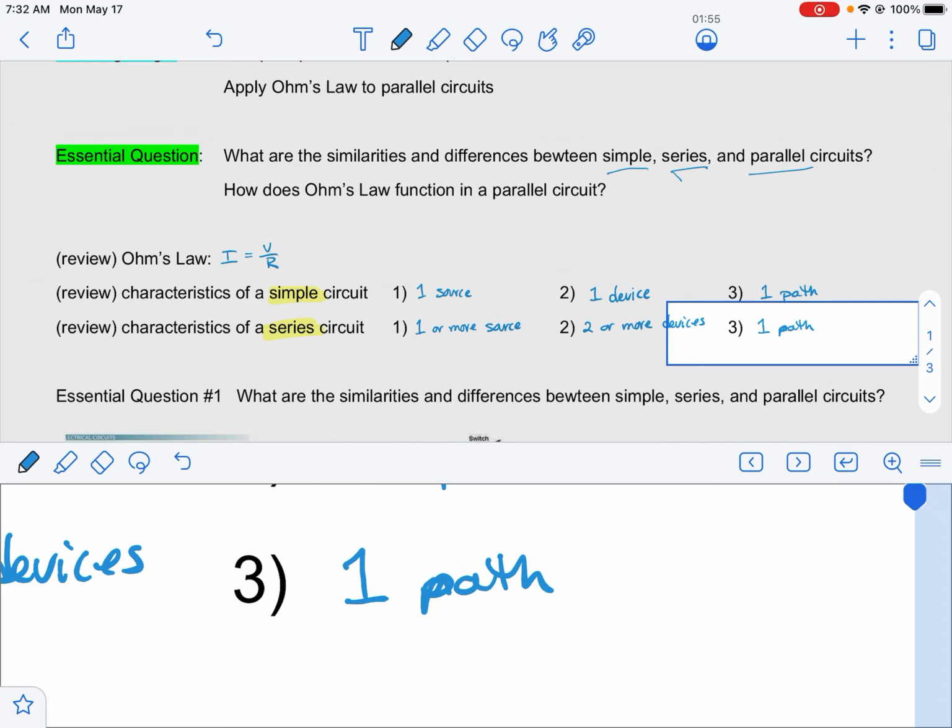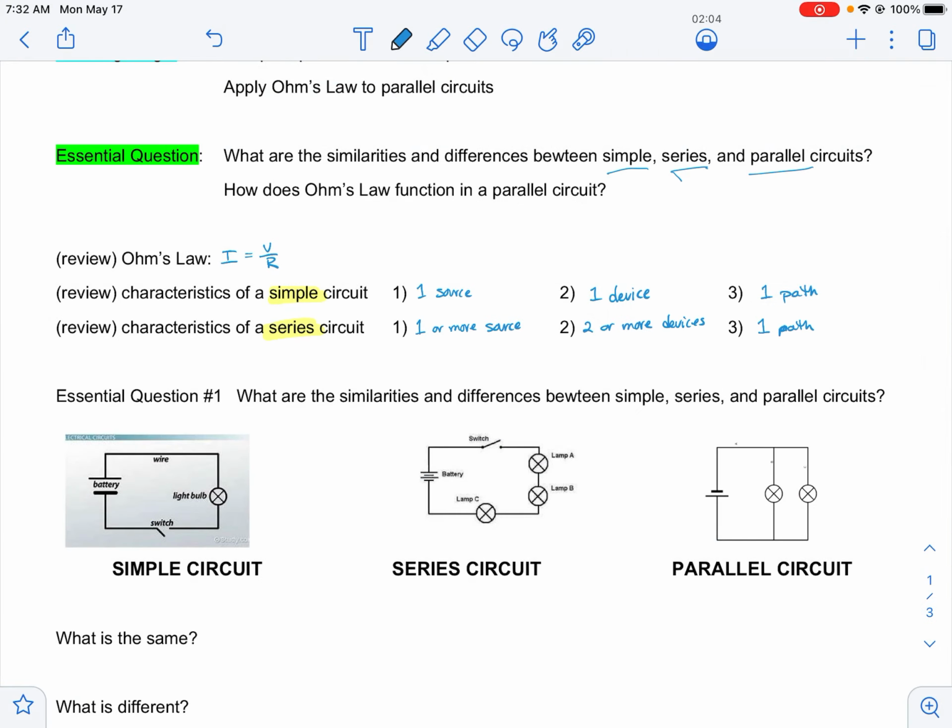So remember, this is the circuit where everything's on or everything's off. It's an all or nothing kind of thing, okay? So now when we look forward, we're going to see the similarities and differences between simple, series, and parallel circuits.